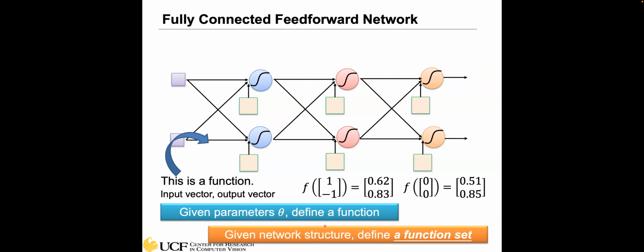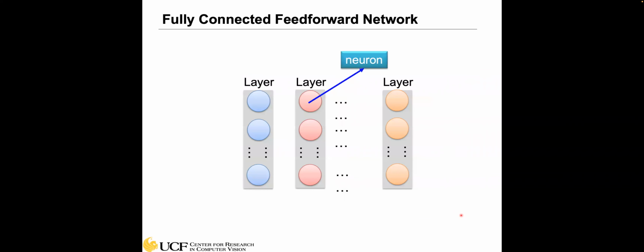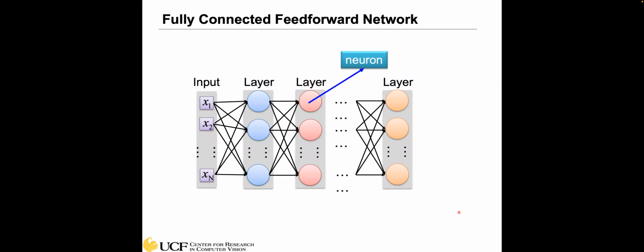And this network structure, we can consider that it defines a function set, and if we change the parameters, that changes the function. Of course, we can build many layers of these fully connected neurons.